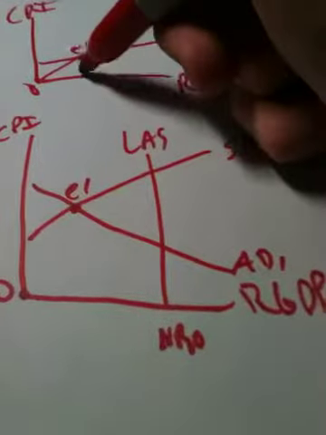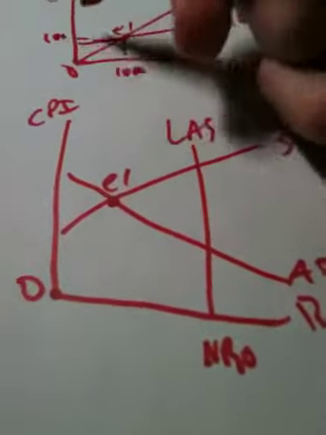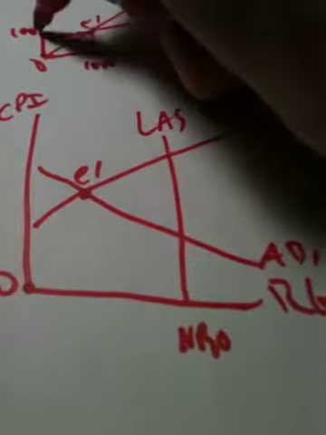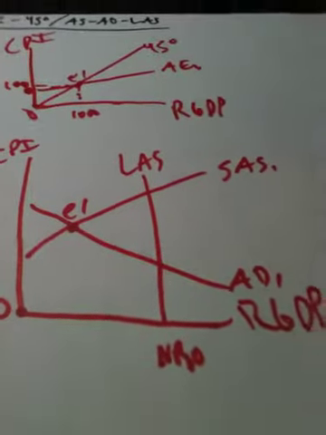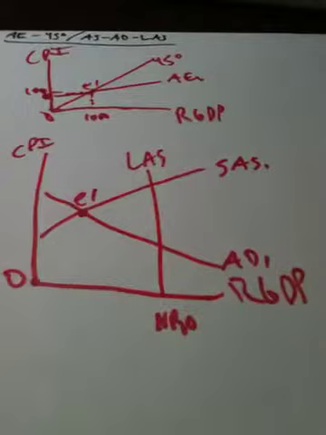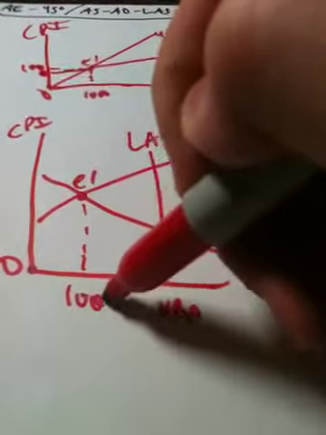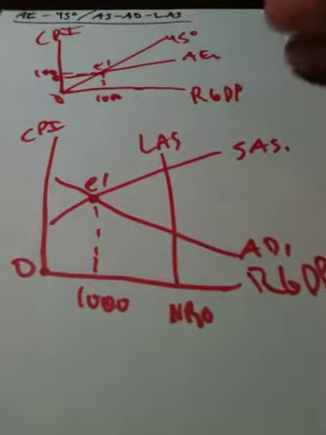So let's just pretend that we're producing 1,000 goods. This means that AE is 1,000. So we're producing that many goods. When the government spending increases, what's going to happen is aggregate demand will go up.